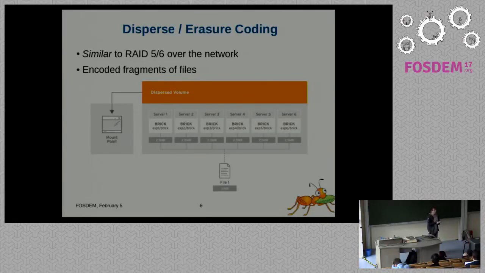With dispersed volumes, files get split in chunks and get encoded so that you have the erasure-coded bits. If you go to the backend as an administrator and you want to read the file, you only see the encoded bits, and you have only a couple of encoded bits on this particular server. You have another couple of encoded bits on other servers. So you somehow have to reconstruct this. This is something that is relatively new.